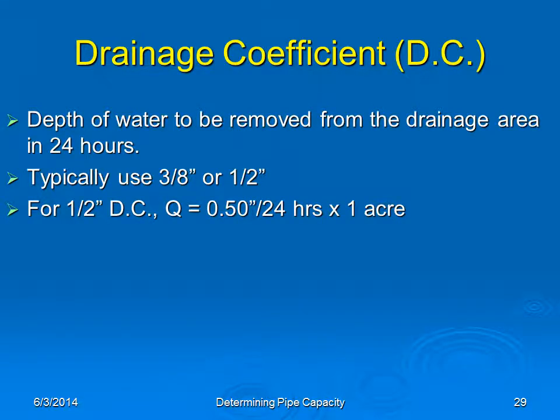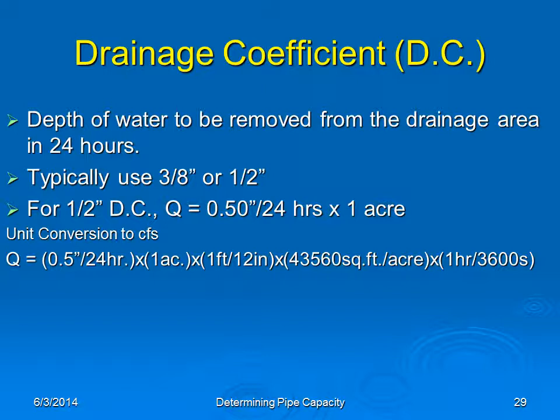So selecting the 1/2 inch drainage coefficient, the capacity needed for 1 acre is 0.5 inches divided by 24 hours times 1 acre. We need to convert that to CFS because that's how our pipes are rated.